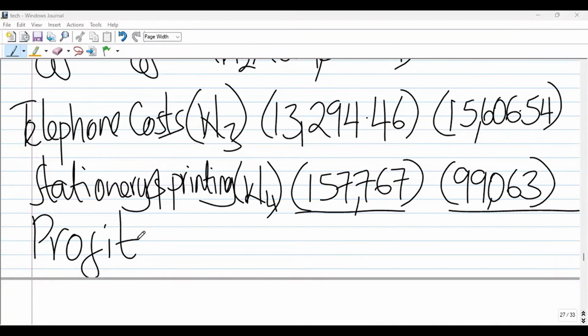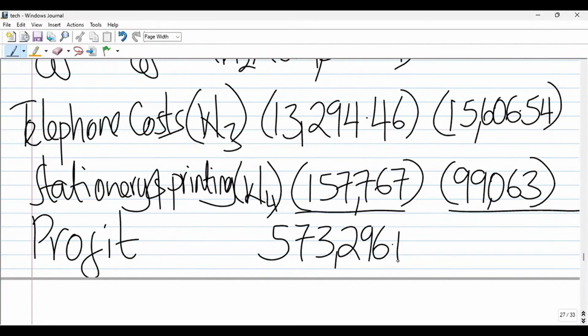The second one is 364,352.9. The first one is 573,296.1.